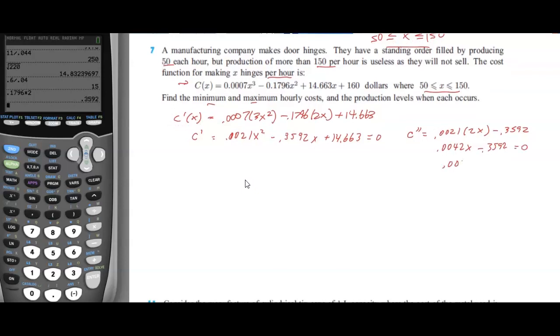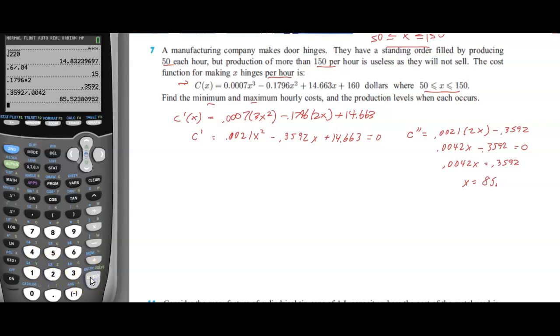It'll be 0.0042x equals 0.3592. X equals 0.3592 divided by 0.0042, which is equal to 85.5.